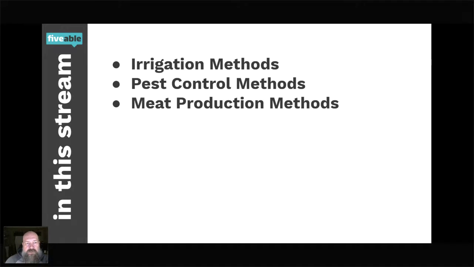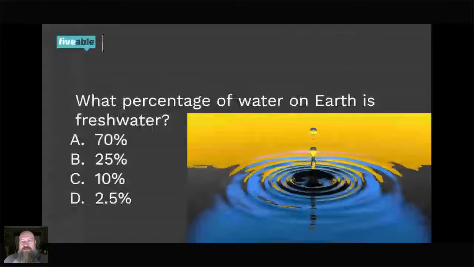So let's start with a question. Here's my question right here. What percentage of water on Earth is actually fresh water? Think about it. I have a couple options up there: 70%, 25%, 10%, 2.5%. All right. Answer choice C. So actually, here's the thing.